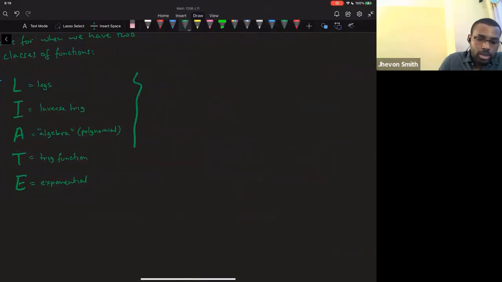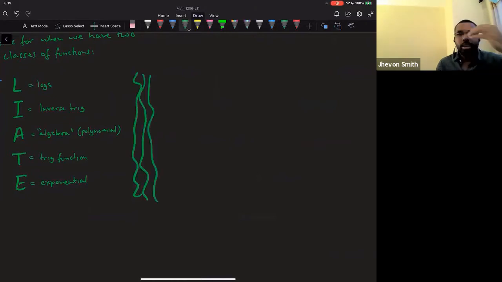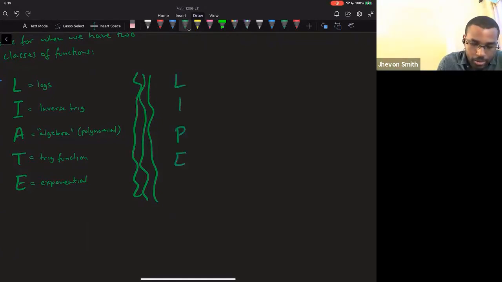Another way to think about this, because Liate is weird, some people just didn't like the fact that they use algebraic or algebra as a part of the mnemonic. So they created a new one called Lipit. Whether you chose the trig function or the exponential is not that important.